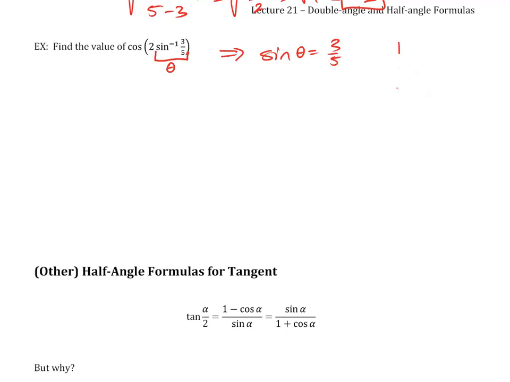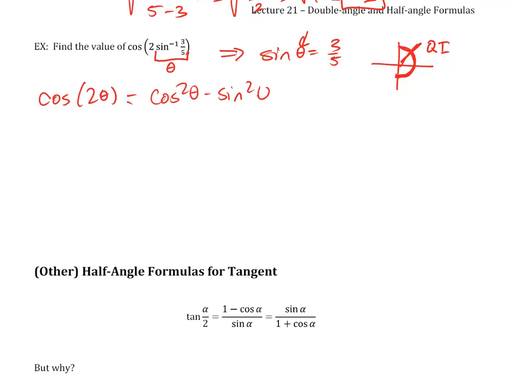You also know, because you're doing sine inverse, that its output is always going to be somewhere in the right half plane. And because it's positive, we know we're in quadrant 1. Now, if I were to think of this as cosine of 2 theta, from my double angle formula, this is cosine squared of theta minus sine squared of theta.